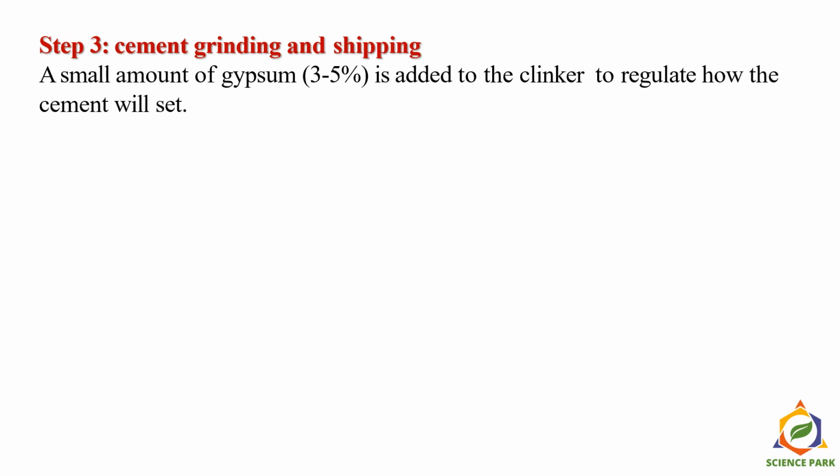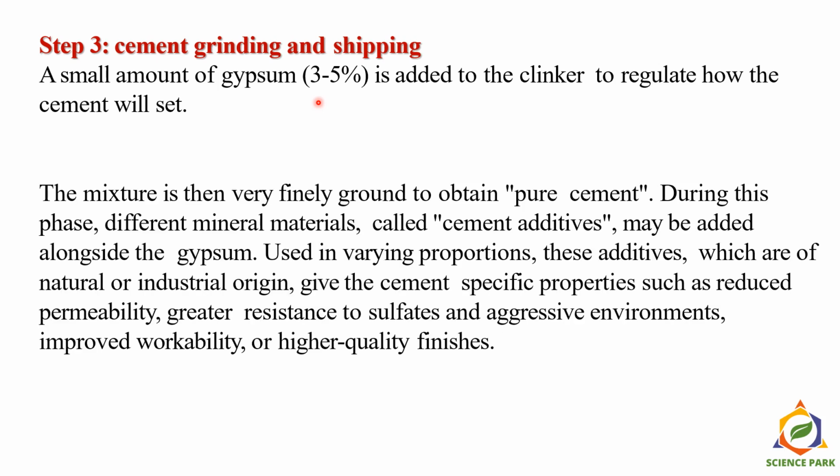Third step is cement grinding and shipping. A small amount of gypsum, about 3 to 5%, is added to the clinker to regulate how the cement will set. The mixture is then very finely ground and we obtain pure cement. During this phase, different mineral materials called cement additives may be added along with gypsum.